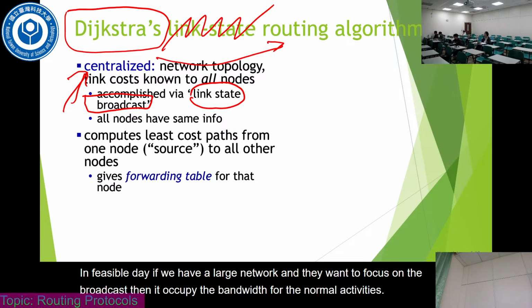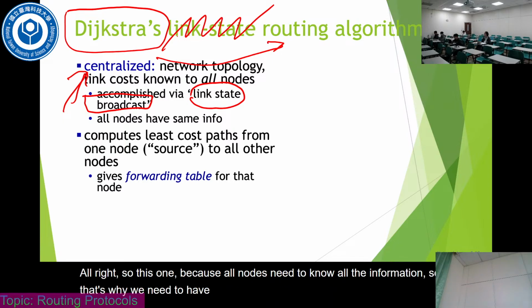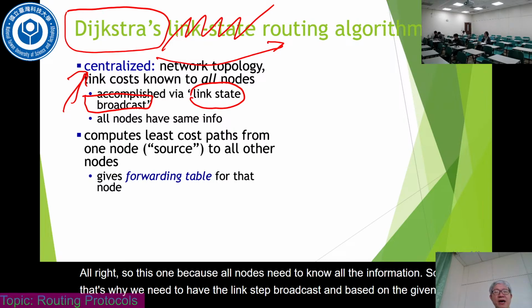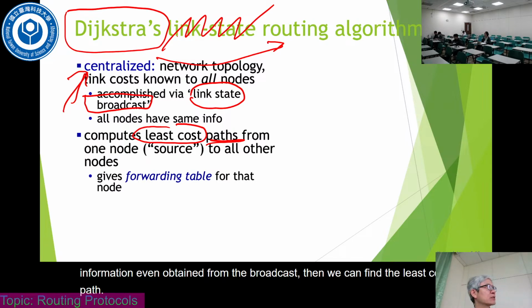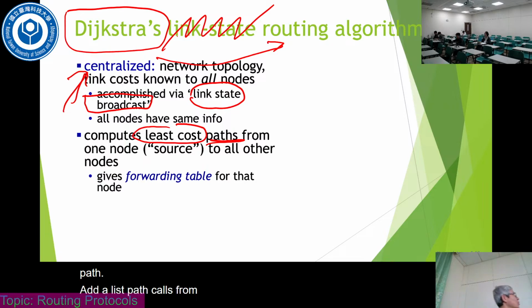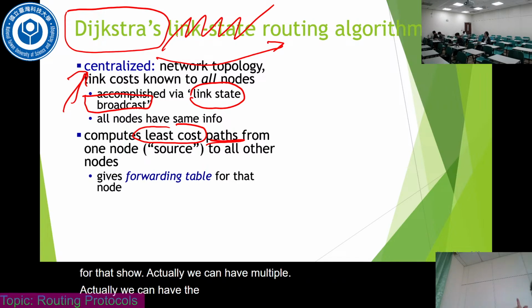Because all nodes need to know all the information, we need the link state broadcast. Based on the information obtained from the broadcast, we can find the least cost path from the source node to the destination node. Later, we can have multiple destinations from a single source.